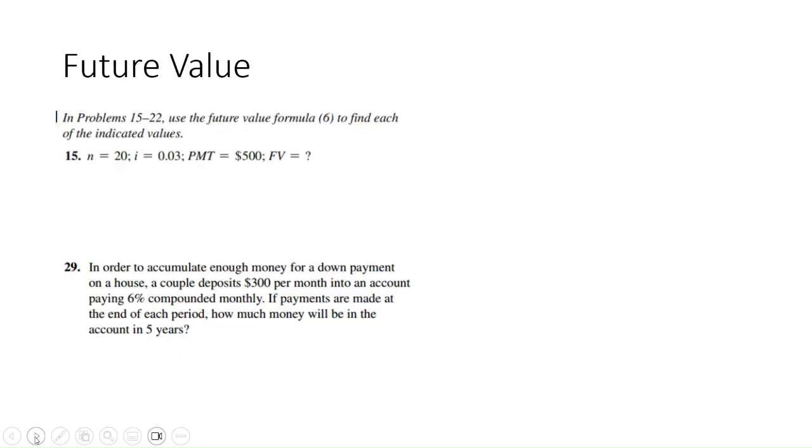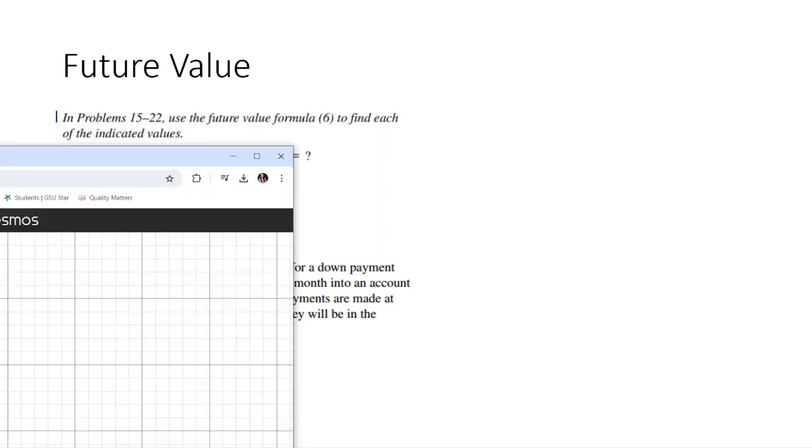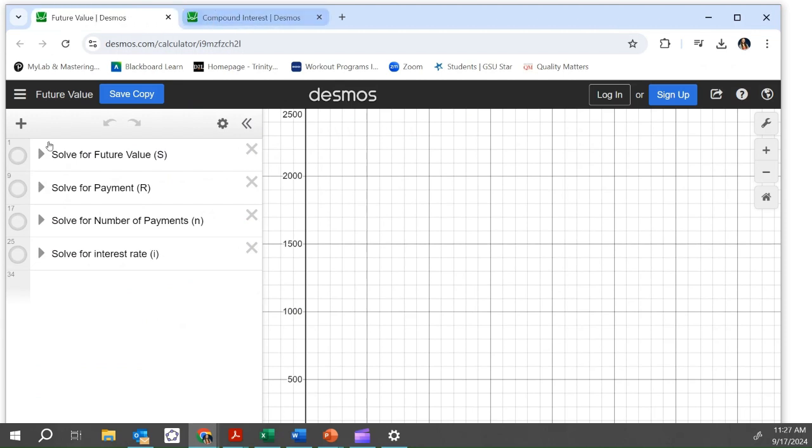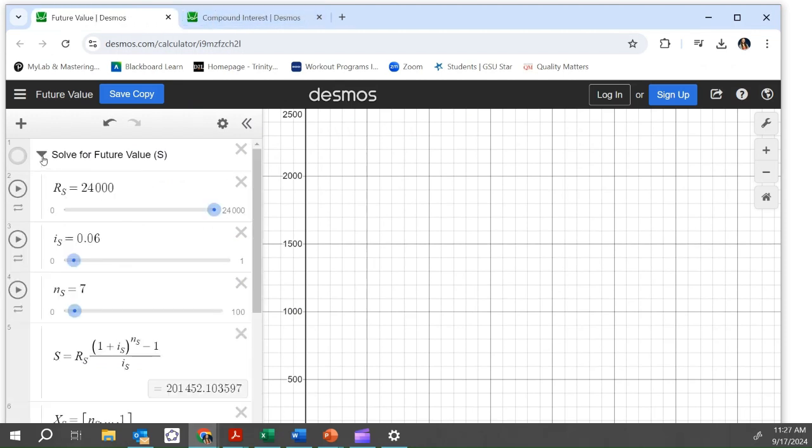Here are some examples for future value. We want to find the future value if my monthly payment is $500, the I is 0.03, and the N is 20. So let me get our next Desmos calculator up here. This is the one titled Desmos Future Value. The one we were using before was called Desmos Compound Interest. And we want to start with future value.